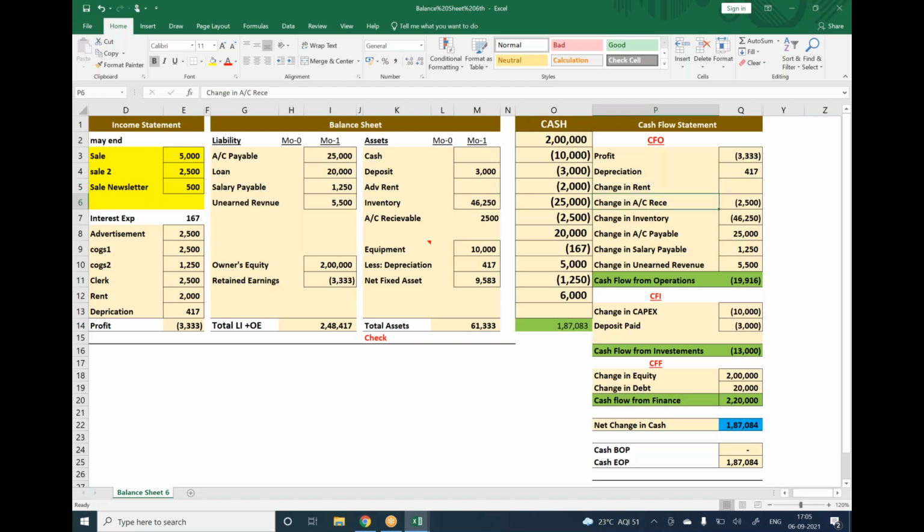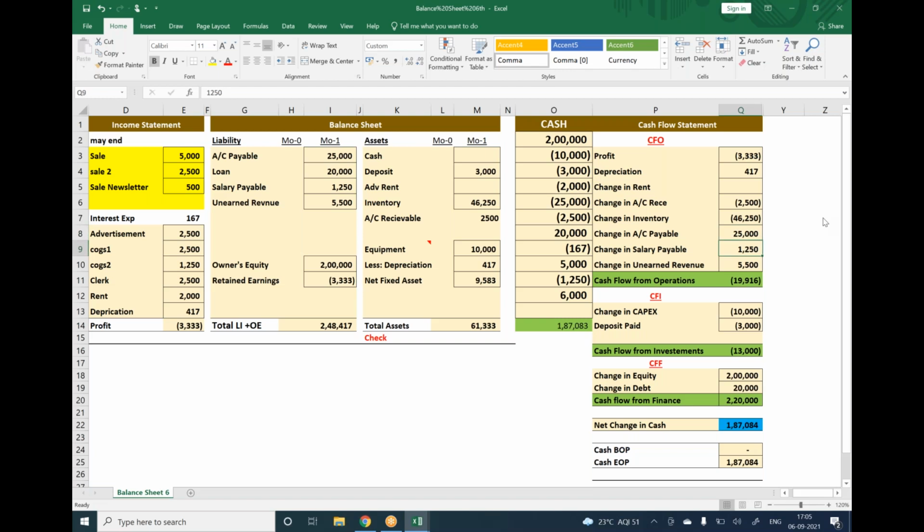Change in account receivable: last year you did not have anything. This month you're supposed to receive 2,500, that's why it's negative. Change in inventory: last year nothing, this year you have spent 46,250 worth of it. Account payable is 25,000.